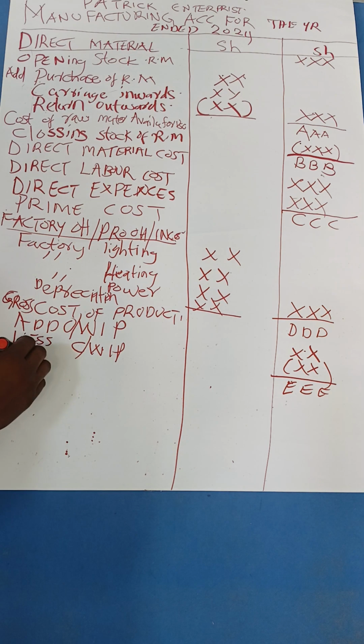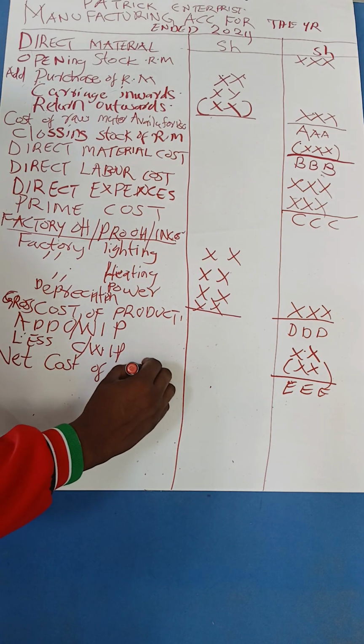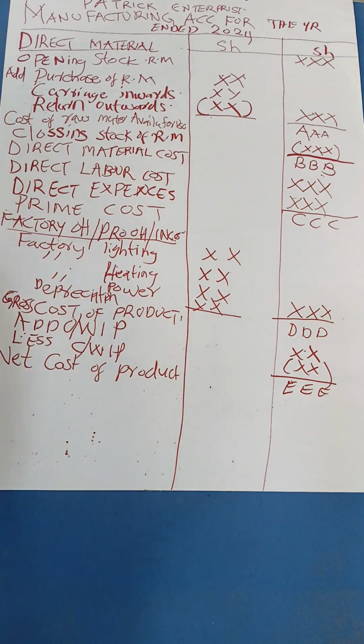So EE is our net cost of production. Good, that is the figure we are going to move with to the final account, to start our final account.